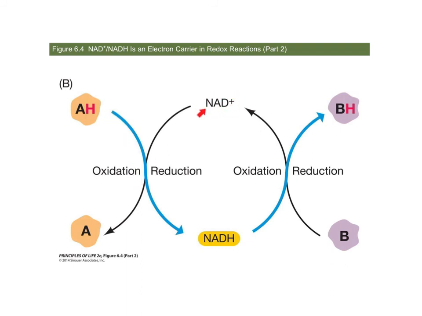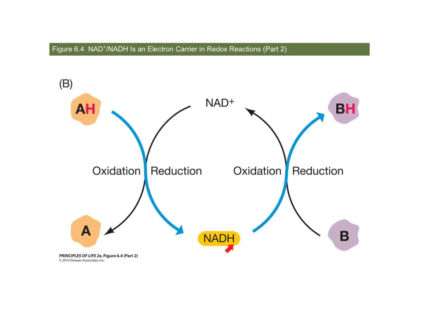So here's your NAD+. It is going to pick up that hydrogen, and NAD+ is now reduced to NADH. So this is the reduced stage. Now, in order for NAD+ to be reduced to NADH, molecule A had to get oxidized, and now you can see here it's missing that H group.